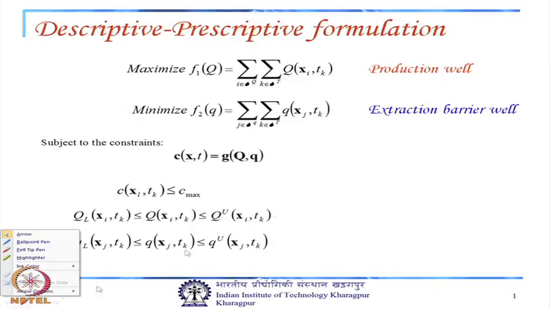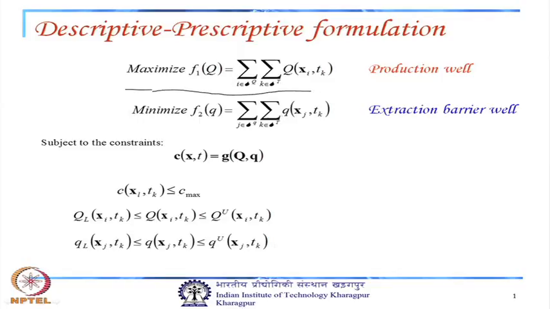So, we have the maximization of pumping from production wells, then minimization of pumping from extraction or barrier wells, because these pumped waters cannot be directly used for our water supply systems. We need some kind of reverse osmosis or other plant to treat these waters.